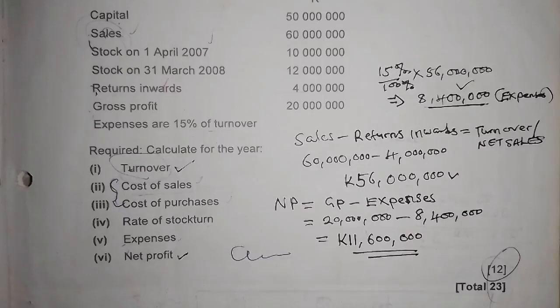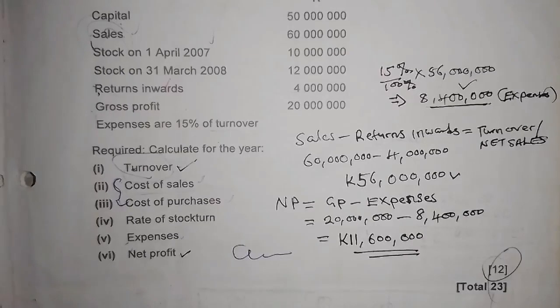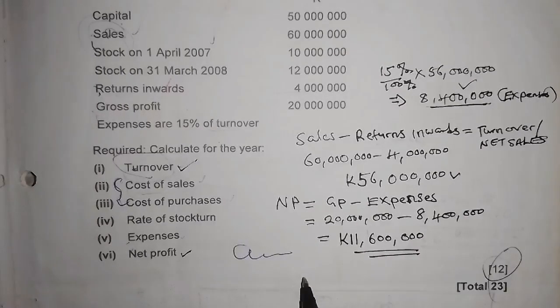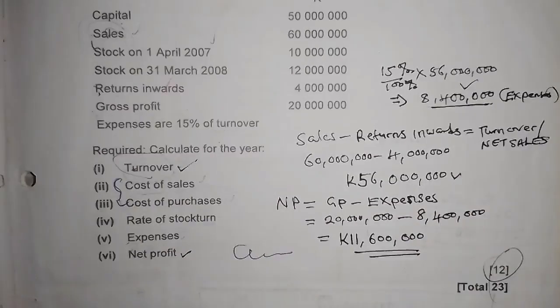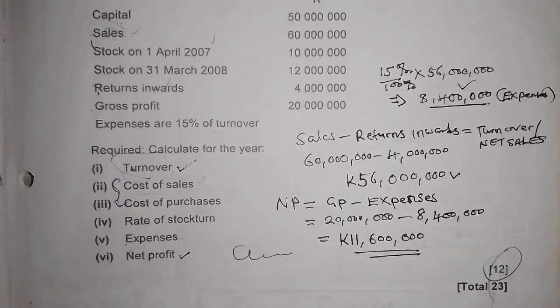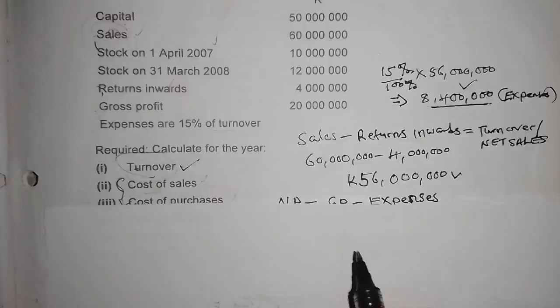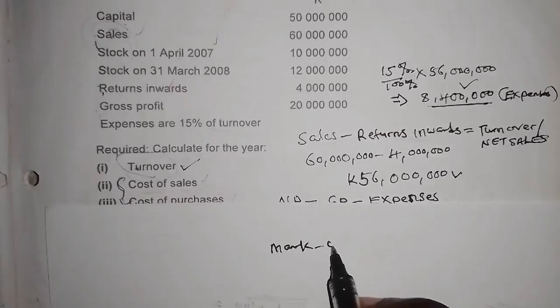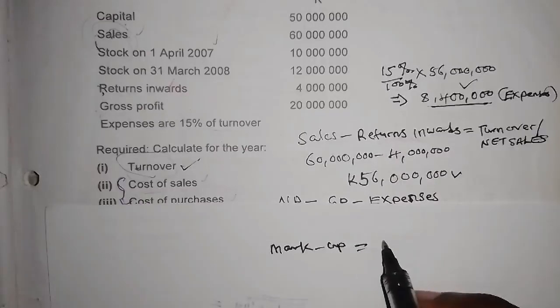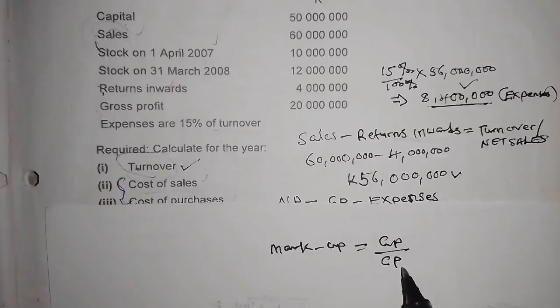So cost of sales, we normally convert these into markup and margin. The markup is gross profit over the cost price.